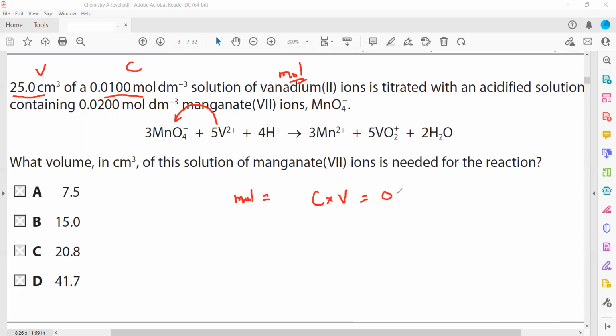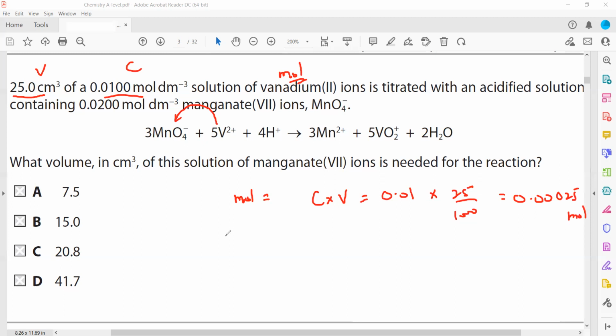The concentration is 0.01 multiplied by volume, 25 divided by 1000. So 25 divided by 1000 times 0.01 will give 0.00025 mole.